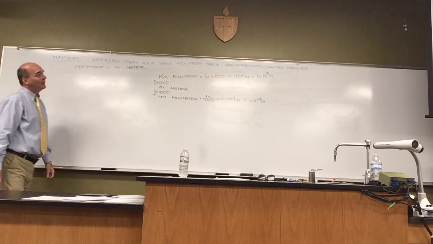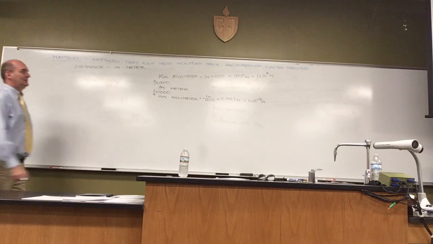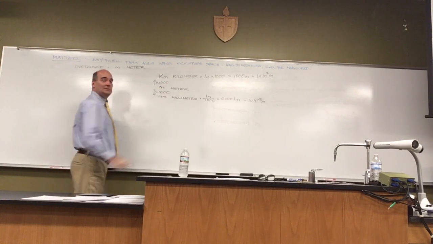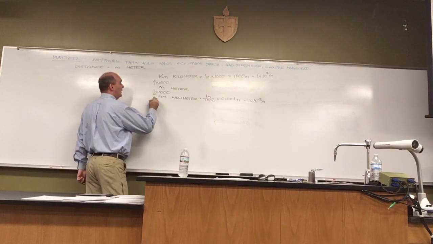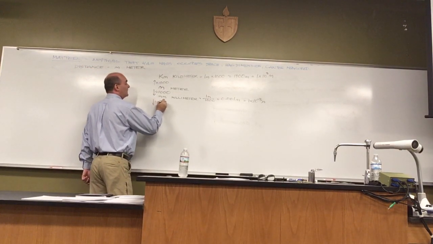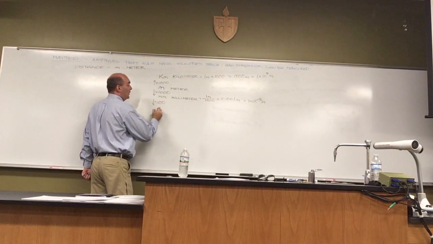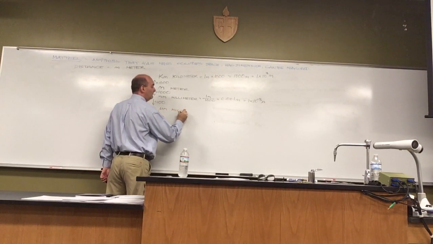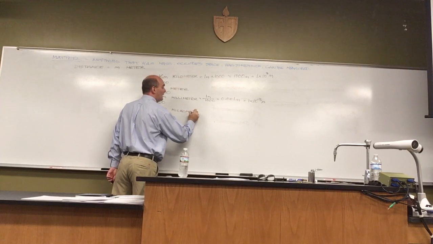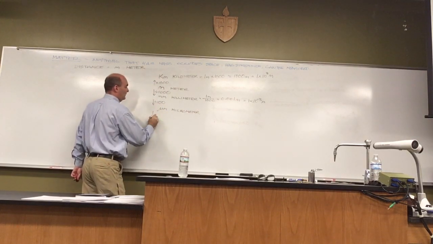There's not a lot that we're going to do in chemistry that does kilometers. We usually work on very, very small scales. So again, we would divide by 1,000, and we would go to micrometers. And then we, oh, that says 100.